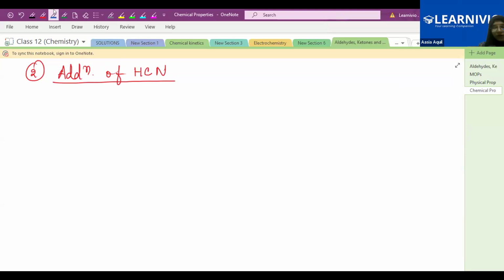Now see what the reaction is. Basically, it forms a cyanohydrin. Whenever the carbonyl compound is added to HCN, the product will be a cyanohydrin.